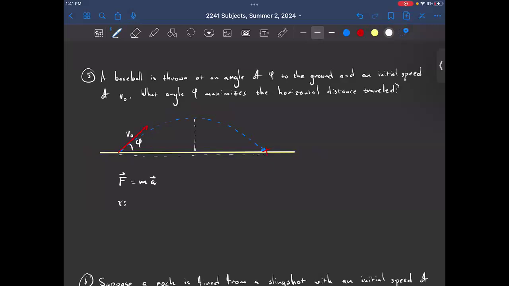One in the x direction, we'll say this is x, and this is y. So in the x direction, we have Fx equals the mass times the acceleration in the x direction. And y says Fy equals the mass times the acceleration in the y direction.